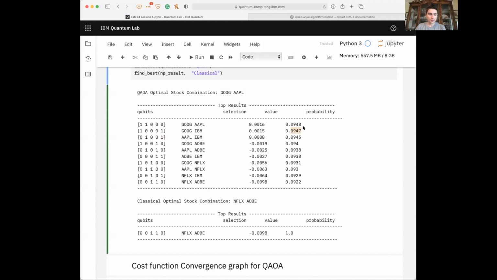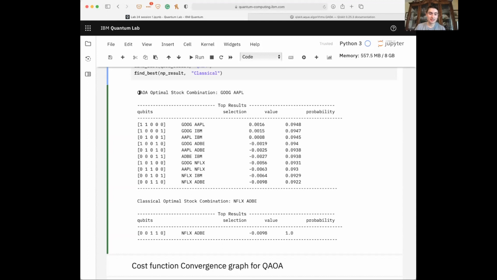Okay, let's see. So if I look down these values, the only thing that seems a little bit weird to me here is the best value. Remember, the cost function is something we want to minimize, right? We want the smallest value. And so it seems like the smallest value is actually down here, Netflix and Adobe, even though QAOA spit out Google and Apple with higher probability.